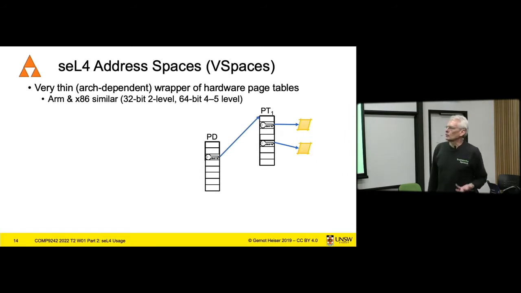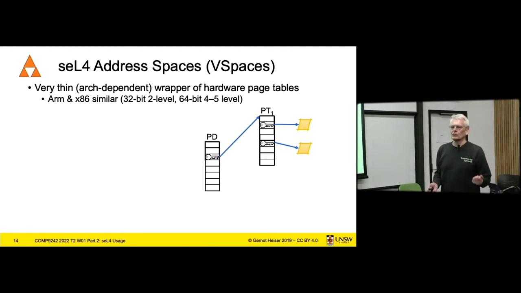So the two main architectures, ARM and x86, are pretty similar in the sense that they have these hierarchical page tables. On 32-bit ARM and x86, it's 2 levels, and on 64-bit, it's four levels in the ARM case and 5 levels in the Intel case. And they are pretty much like page tables.